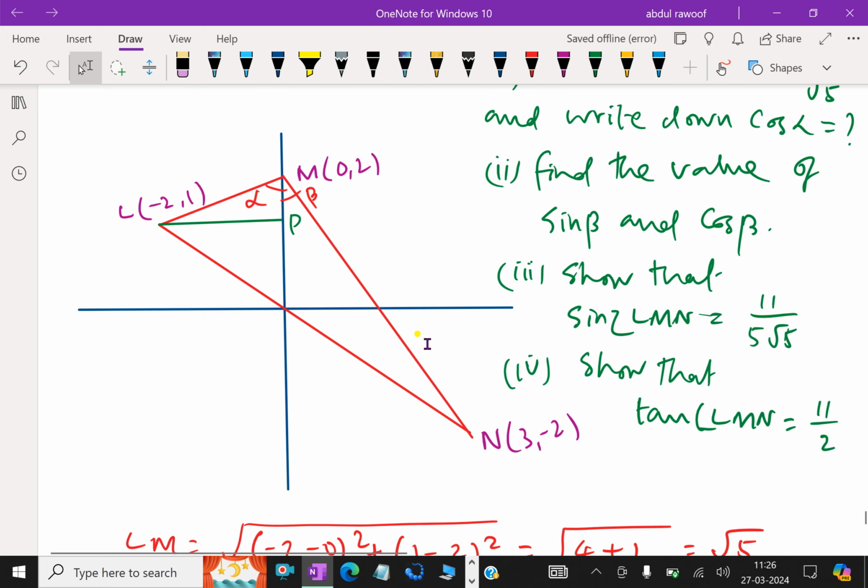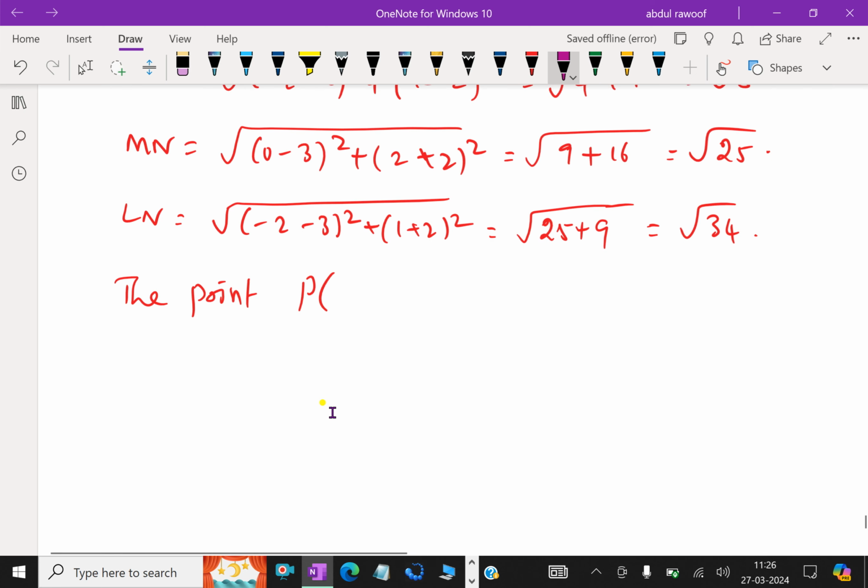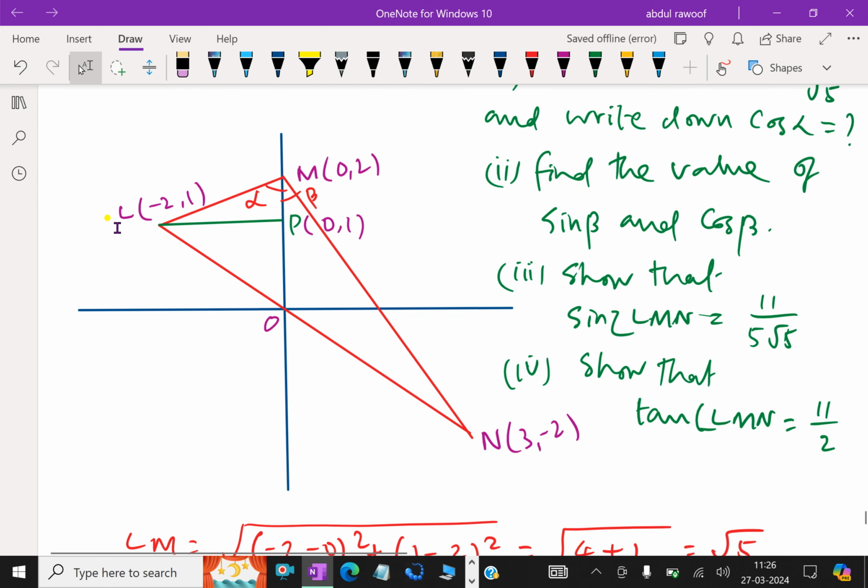Look at the figure. On the y-axis, x is 0 and the y distance is 1, so this is the origin and P is (0, 1). Now we have to find the length LP.